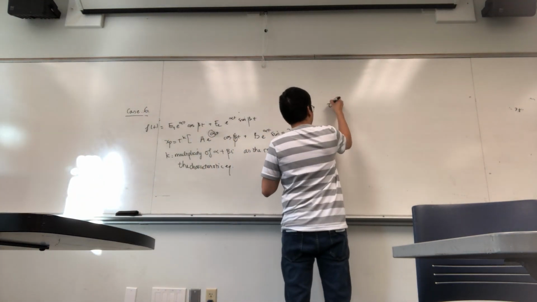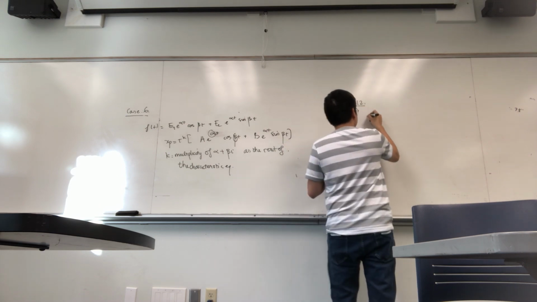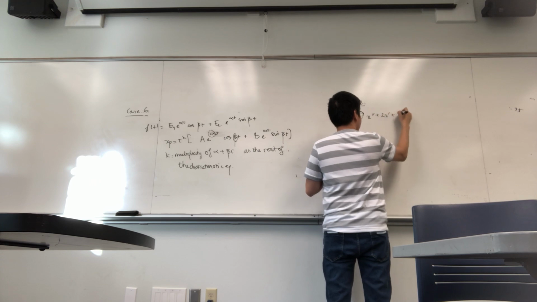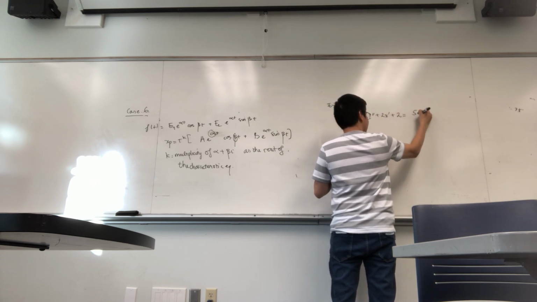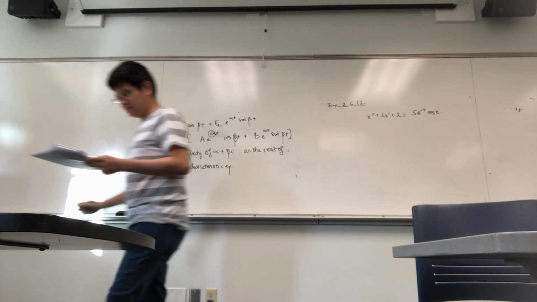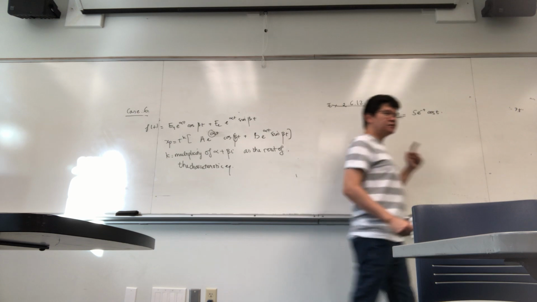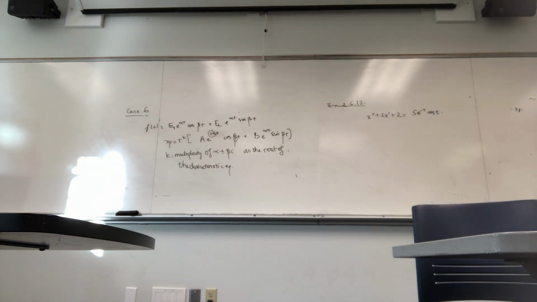Right. So example 2.6.12. You have x double prime plus 2x prime plus 2x is equal to 5 e to the power minus t cosine of t. All right. So in this case, you have to solve x'' plus 2x' plus 2x is 5 times e to the power minus t cosine of t.